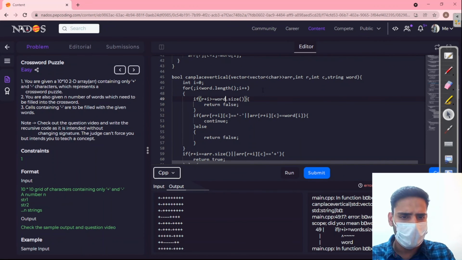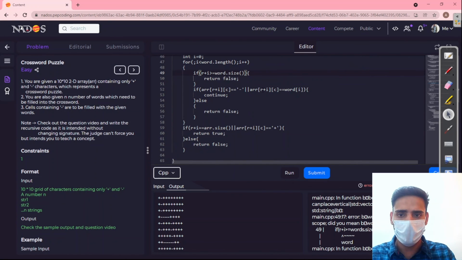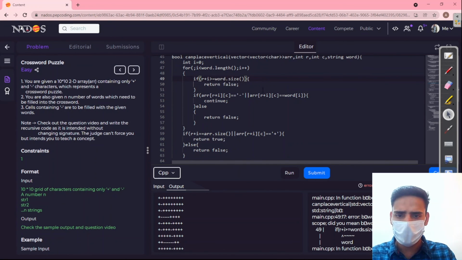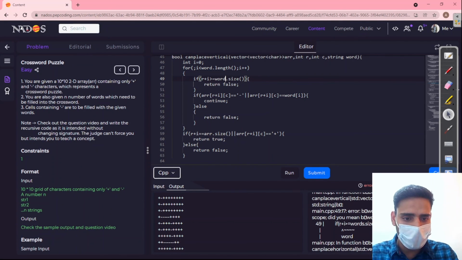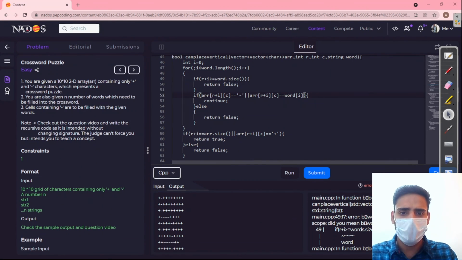Oh, actually we are not getting the words, right? Let me see. Line number 49, r plus i is greater than words dot size. Yeah, exactly, it should be words dot size, but we are not having words here.